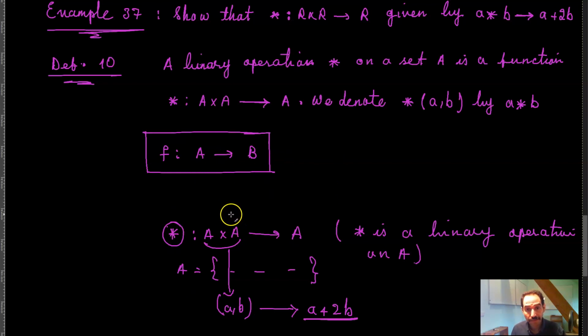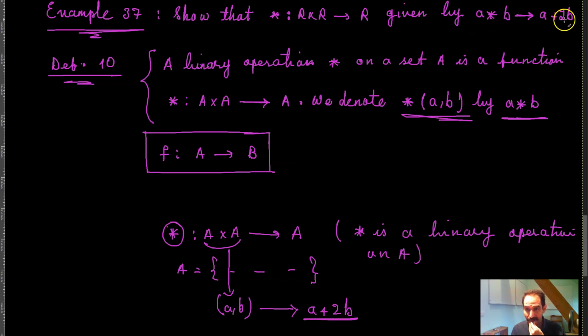Now, this is important to understand: we say that the binary operation star on a set A is a function, such that star is a function from the Cartesian product of A to A. And then we denote star of A comma B as A star B. If you understand this much, then you understand the notation, and it doesn't really matter how I read this part, you know what it means.